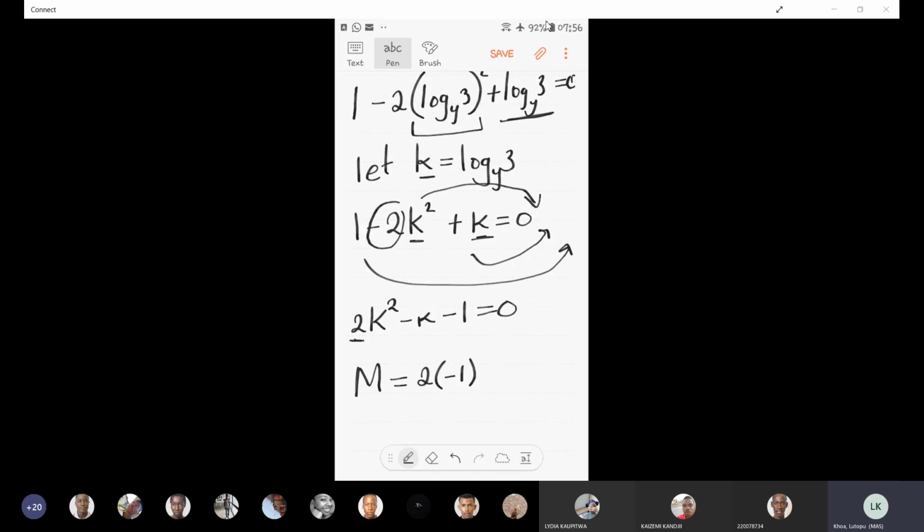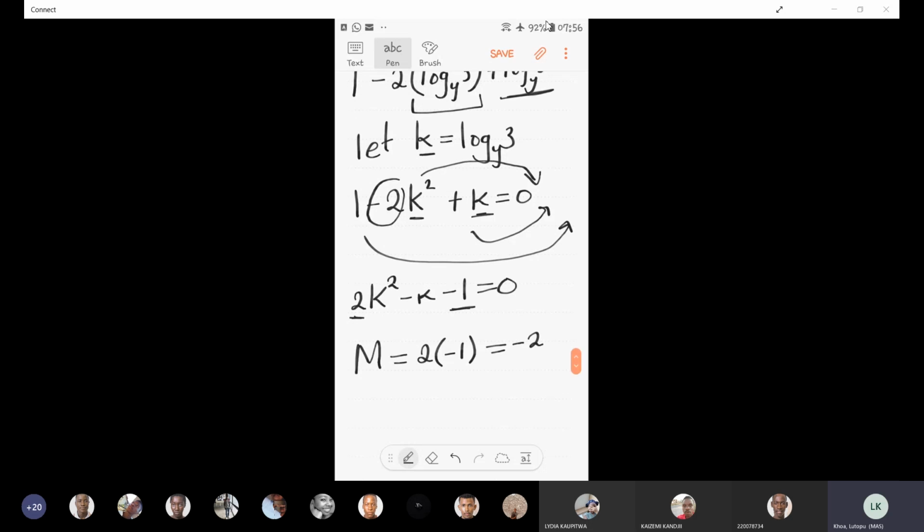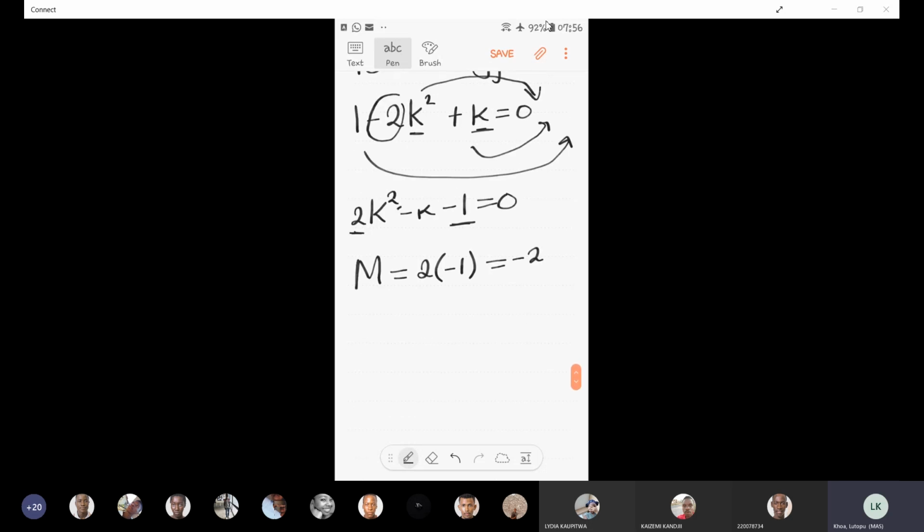So I take the coefficient of k squared and the constant term, and multiply them. The answer is negative 2. And when I add the two numbers, it should be equal to the coefficient of k, which is minus 1. So you're looking for two numbers that multiply to negative 2 and add to negative 1.